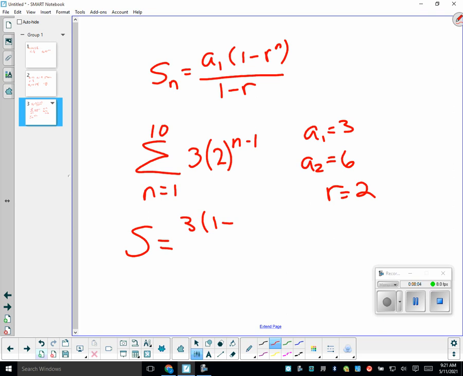If we go to the regular formula, this would have been R. But if it's not in that form, then you need to know how to find it. So this is 1 minus 2 to the what power? 10 over 1 minus 2.